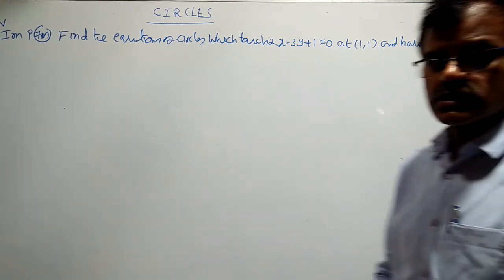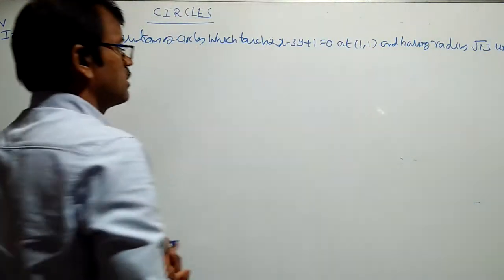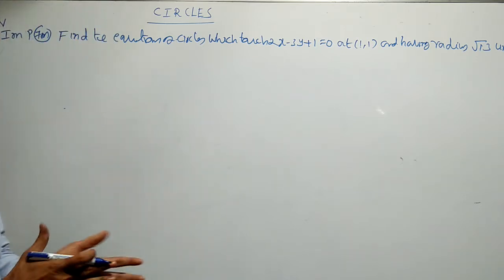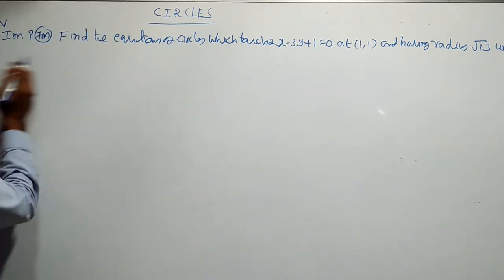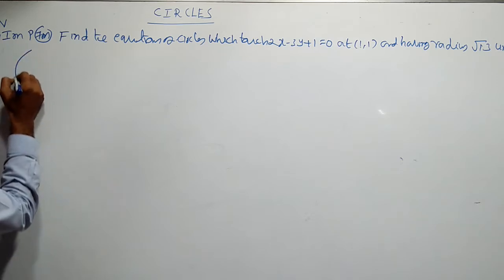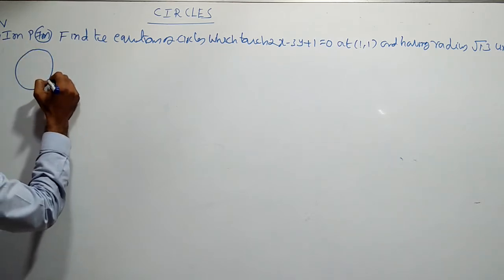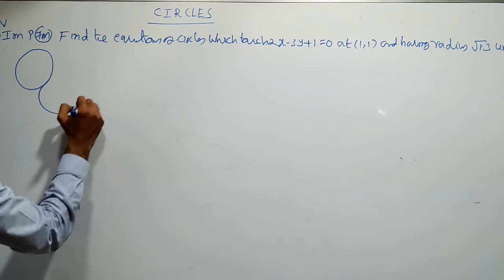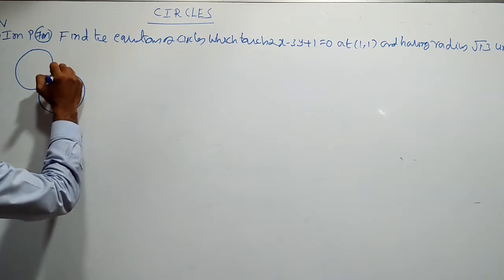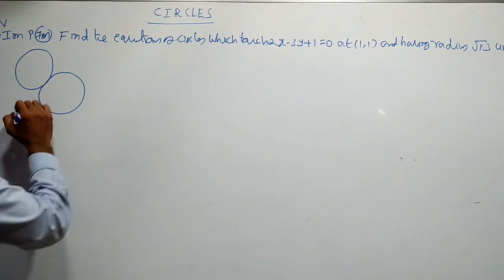Find the equations of circles which touch 2x minus 3y plus 1 equal to 0 at 1 comma 1 and having radius root 13. Let us discuss the two circles which are touching at 1 comma 1. 1 comma 1 is the point in first quadrant.